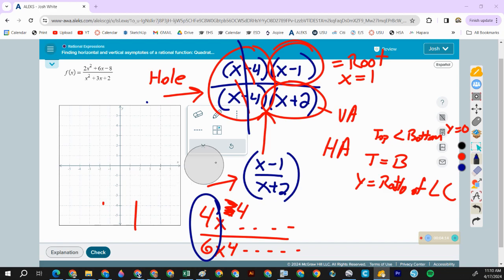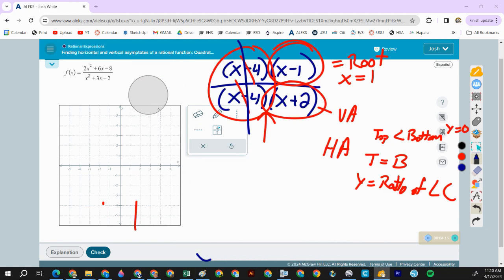All right, so this equation here is x squared minus 5x plus 4 over x squared plus 2x minus 8. Okay? And the other thing we have to look at is the y-intercept.